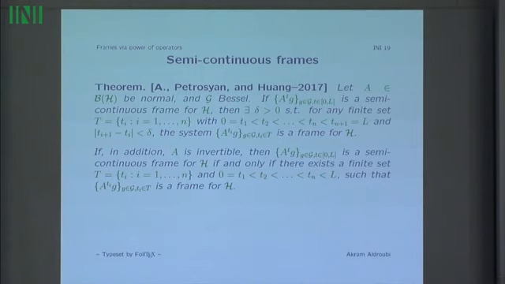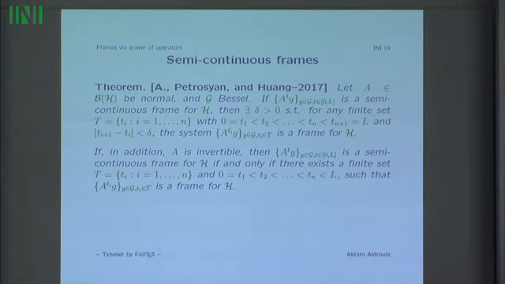It turns out that there is a relation between the semi-continuous frame and this discretized version of them. This is often something that has been done in wavelets, and it is often something that we like to do. What happens if we discretize a frame?